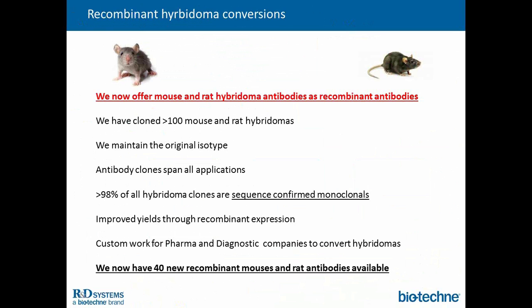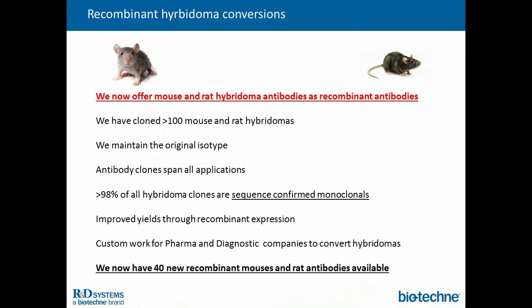When we had the recombinant process established, we went back to our hybridomas on mouse and rat. And we've now cloned over 100 mouse and rat hybridomas, but we're not changing the isotype. So we're actually maintaining the original isotype from the hybridomas. We figured that was important because we wanted to make sure that we have no changes between a known hybridoma product and going into a recombinant product.